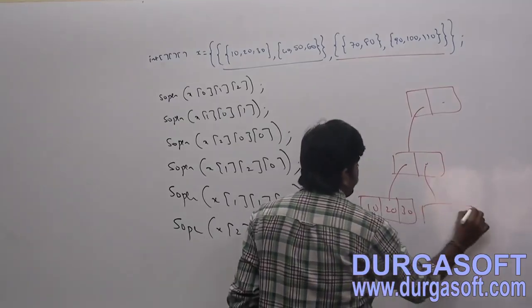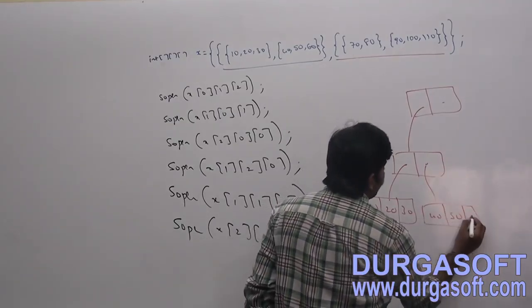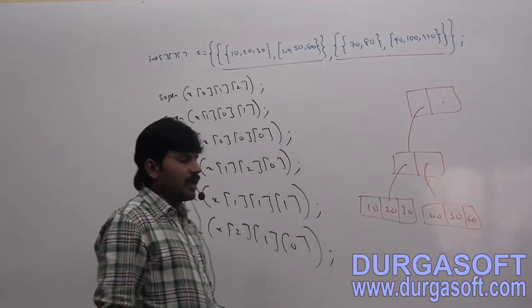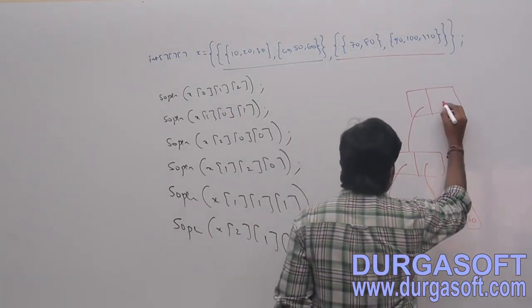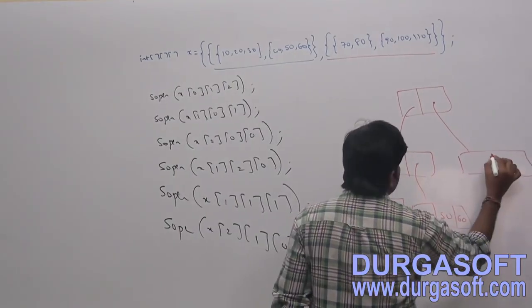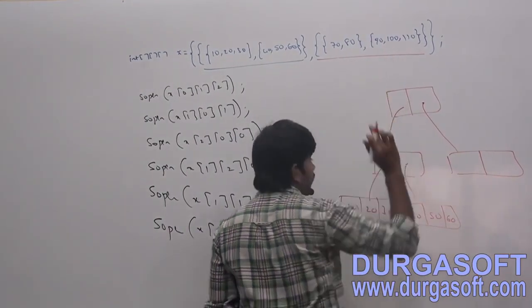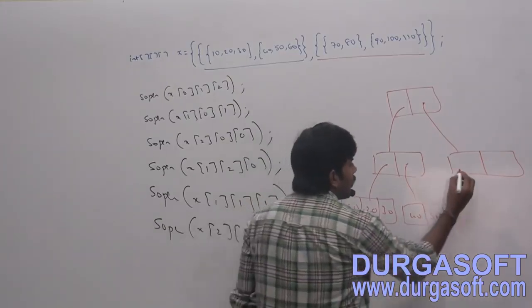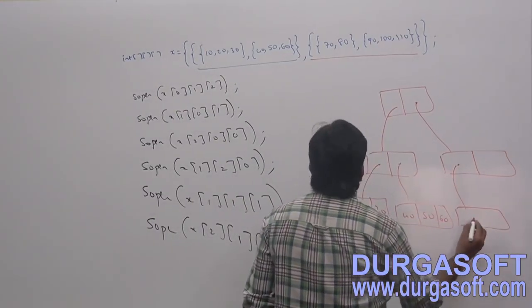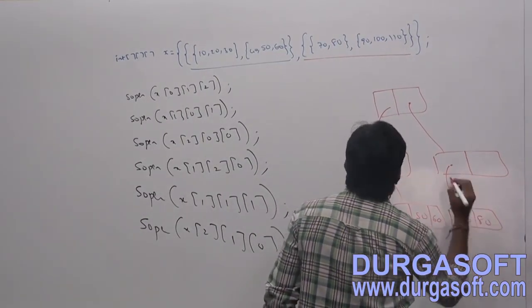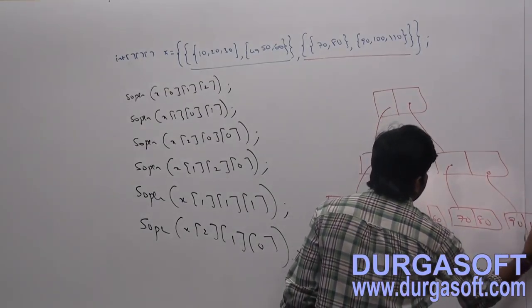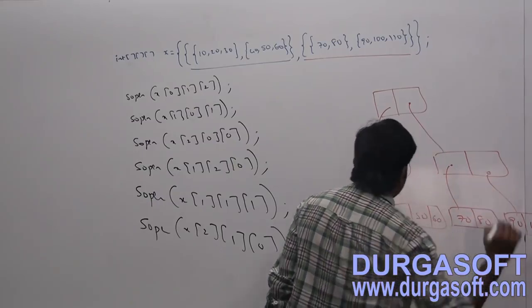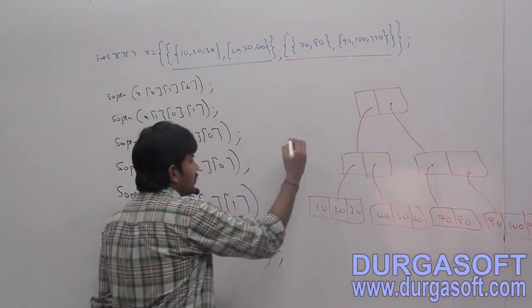This one also a 1-dimensional array with 40, 50, 60. Same for the next one: a 2-dimensional array with size 2, then 70, 80, next 90, 100, and 110. Now this is x.